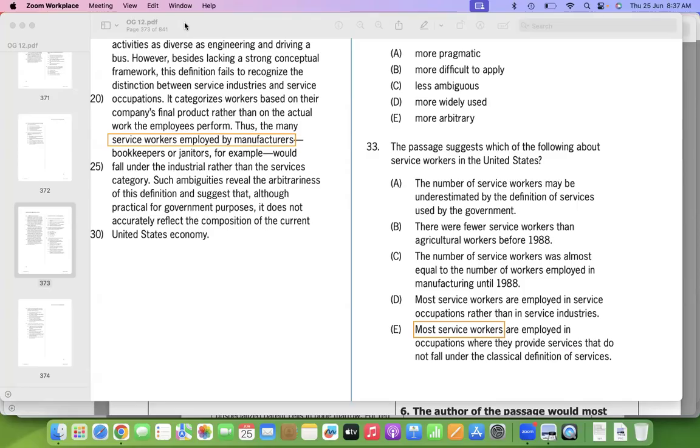We don't know the split, no? How many service workers are in service industries? How many service workers are in non-service industries? So we don't know most. But we know whatever the number, be it majority, minority, it is creating an underestimation. Understood.